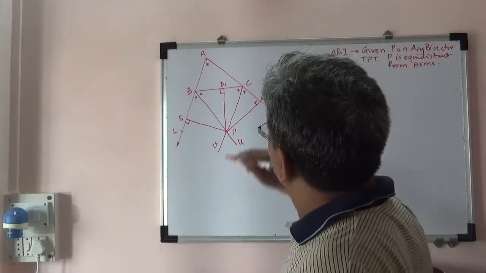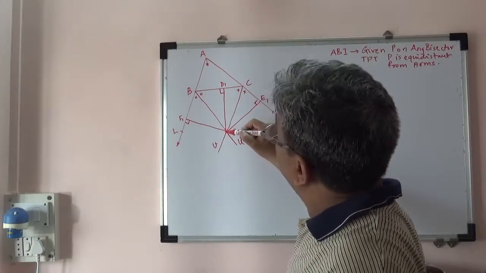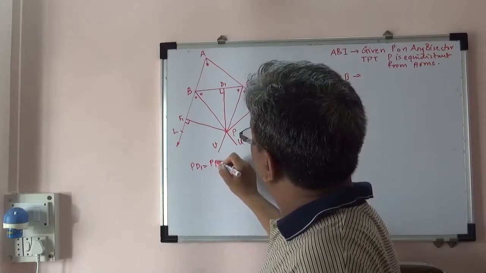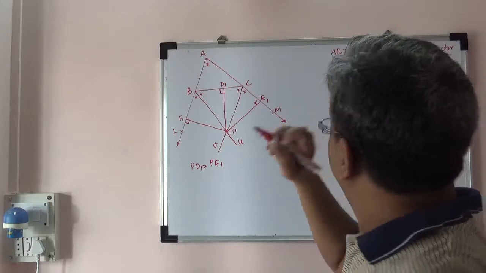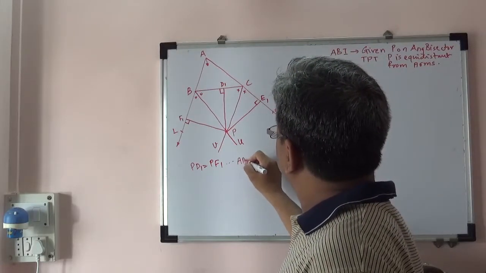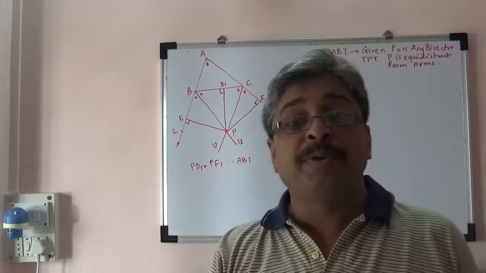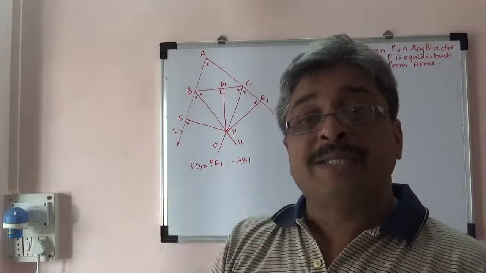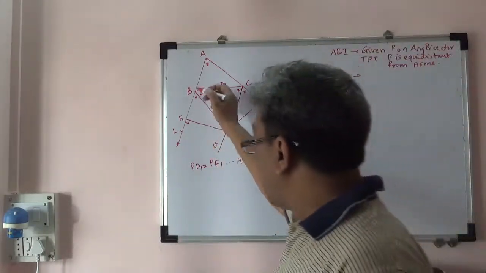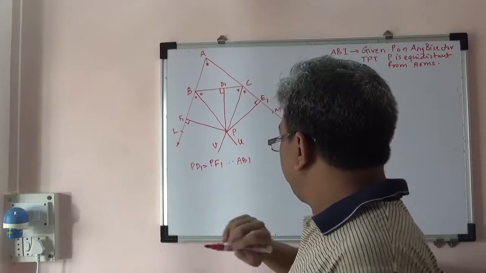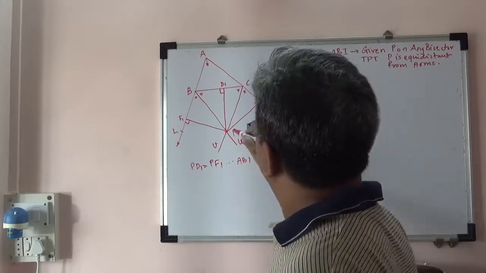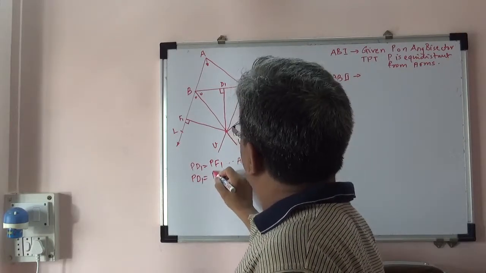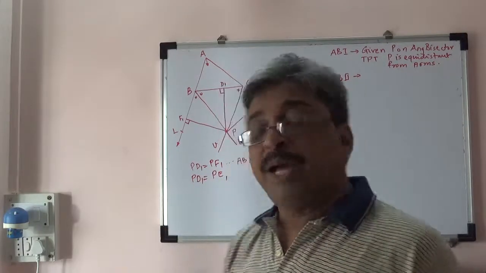Okay, now because P lies on U, we have PD1 is equal to PF1 by AB1. As point P, the point of intersection of two external angle bisectors, is on bisector U, it is equidistant from the arms. Therefore, PD1 is equal to PF1. Now P lies on V also. Therefore, PD1 is also equal to PE1 by AB1.